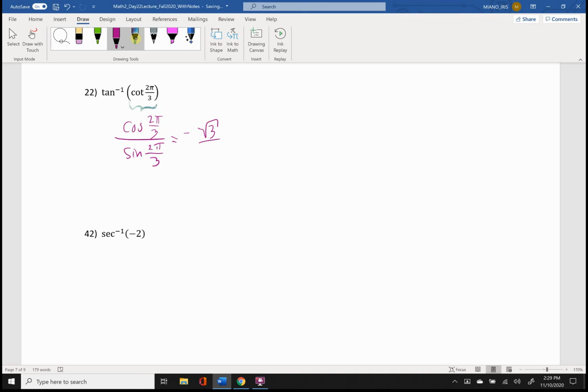A negative root 3, if working within the confines of the whole inverse bit there. But then taking the tangent inverse of it. Whoops, didn't have a bracket there, a parenthesis.